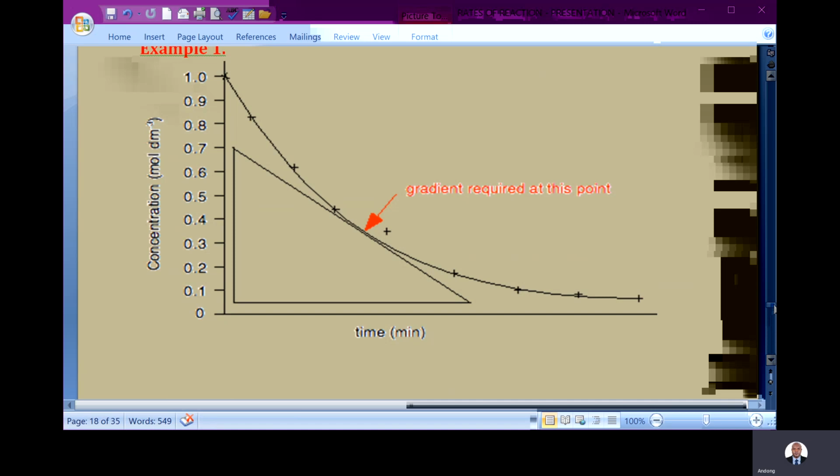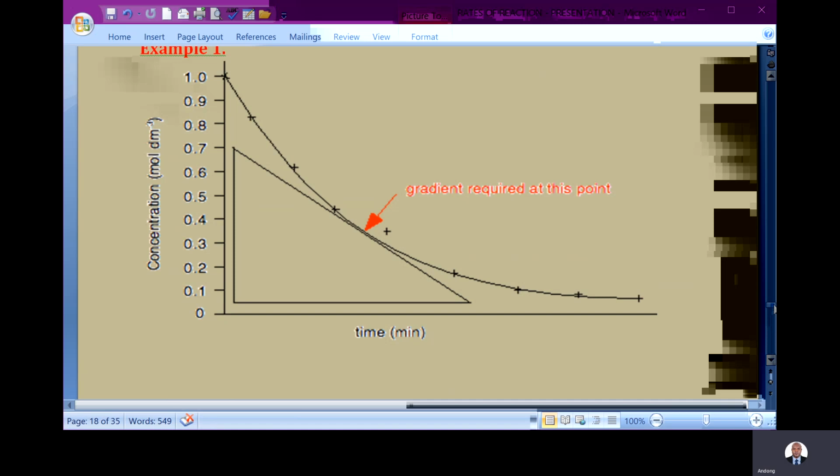You also have to draw a gradient to calculate the rate of a reaction for a product curve. You also have to draw a tangent. In order to draw a tangent, it must be a straight line, then measure the change in the concentration of the product divided by the change in time. Then you have your rate, but the units are also very important.